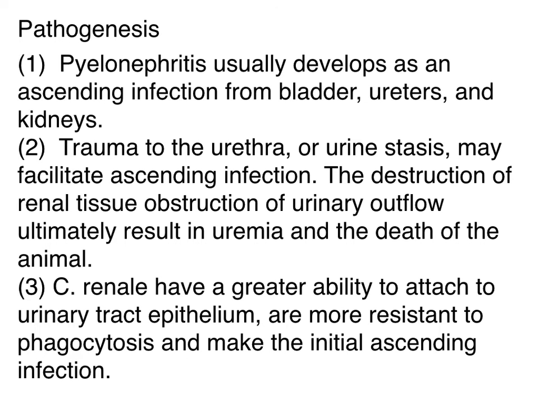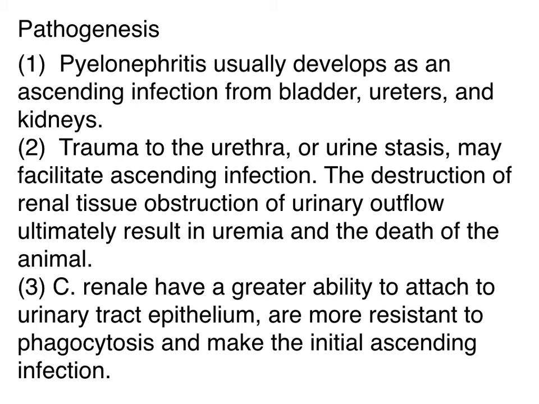Pathogenesis يعتمد على: pyelonephritis usually develops as an ascending infection from the bladder, ureters, and kidney. A trauma to the urethra or urine stasis may facilitate ascending infection. The destruction of renal tissue and obstruction of urinary outflow ultimately result in uremia, يؤدي لحدوث اليوريميا, and the death of the animal.